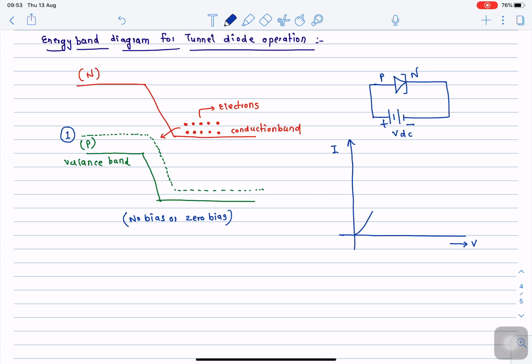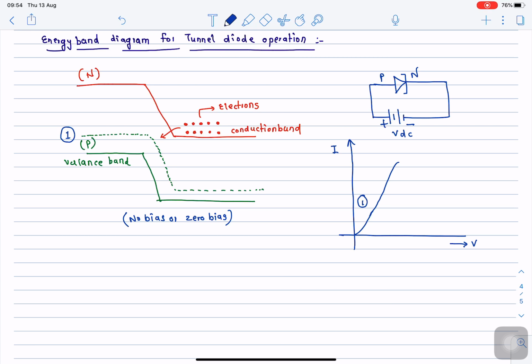The valency band gets shifted upwards, because of which the electrons in the conduction band see a path to travel to the valency band. Because of this motion of the electrons, we get a current in the circuit. This path I will show with number 1. So a current will start flowing.